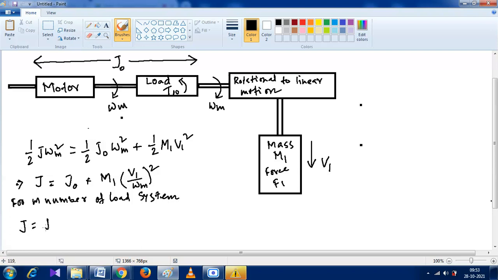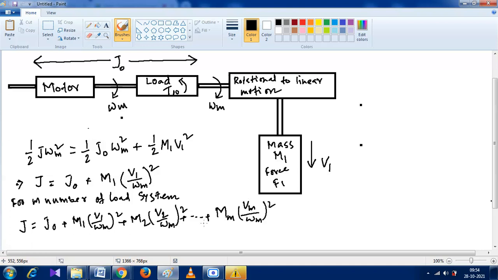J is equal to J0 plus m1 times v1 by omega square, plus m2 times v2 by omega n square, plus, up to mn times vn by omega n square.